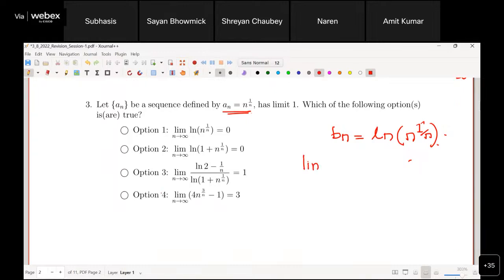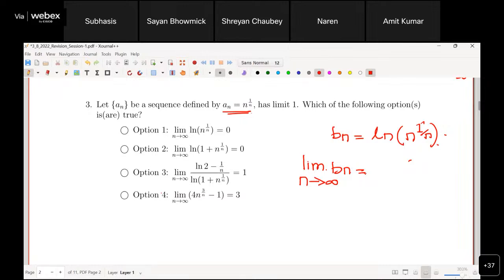So how can we do it? As per the rules, sir, ln, that is log, retains the limit. Correct. If an tends to a, then ln of an tends to ln of a.